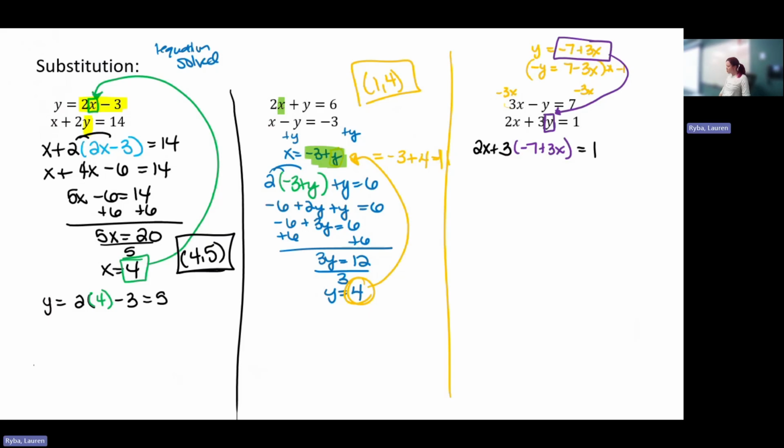The key with substitution is once you plug it in, you're going to distribute, combine like terms, and then solve. So if I distribute that 3 in, I've got 2x. It's going to make -21 plus 9x equals 1.